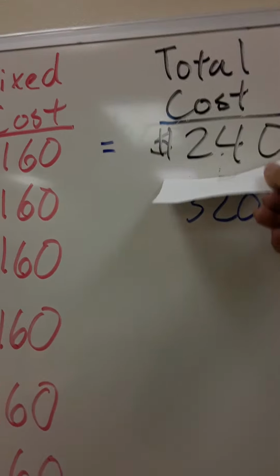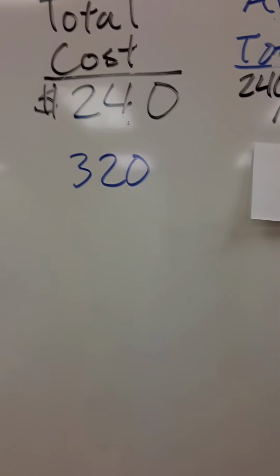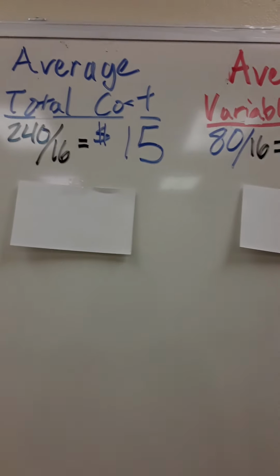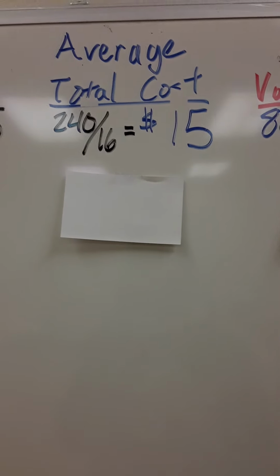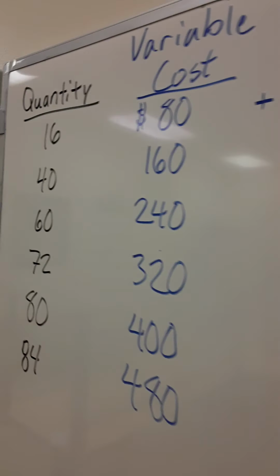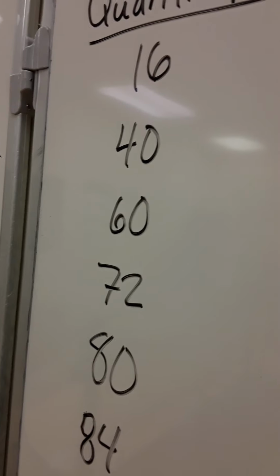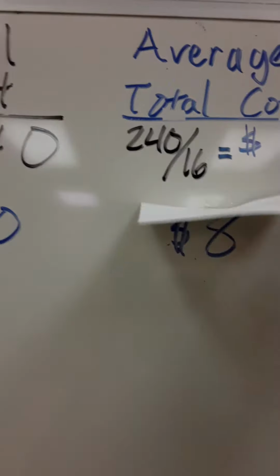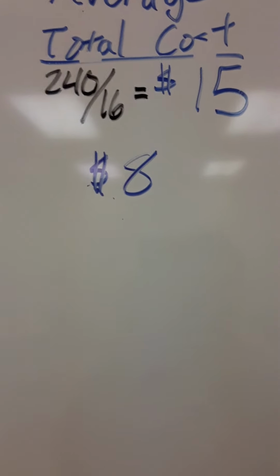So we get 320. So the average total cost is taking the total cost, which is 320, and dividing it by the quantity, which is 40. And we have $8 as that.